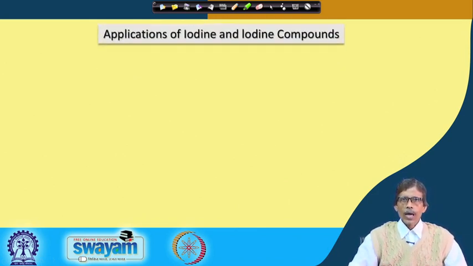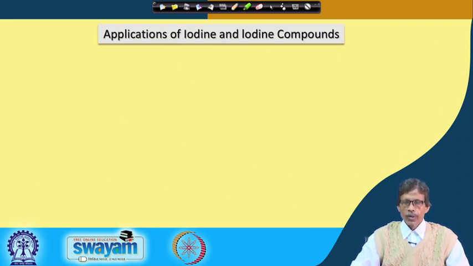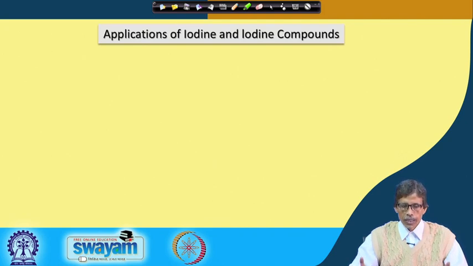Now, like our other fluorine, chlorine and bromine compounds, we should also take care to know the application of these compounds. This particular course has been designed in that way, as a brief outline.